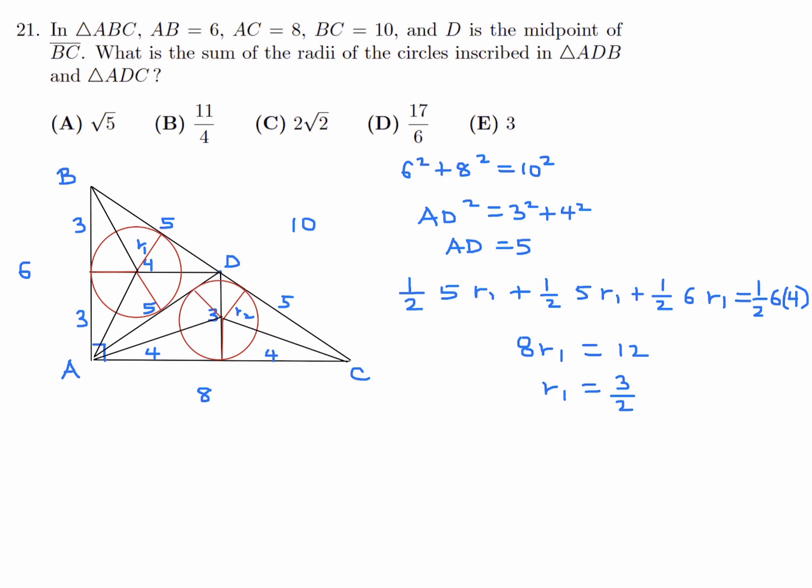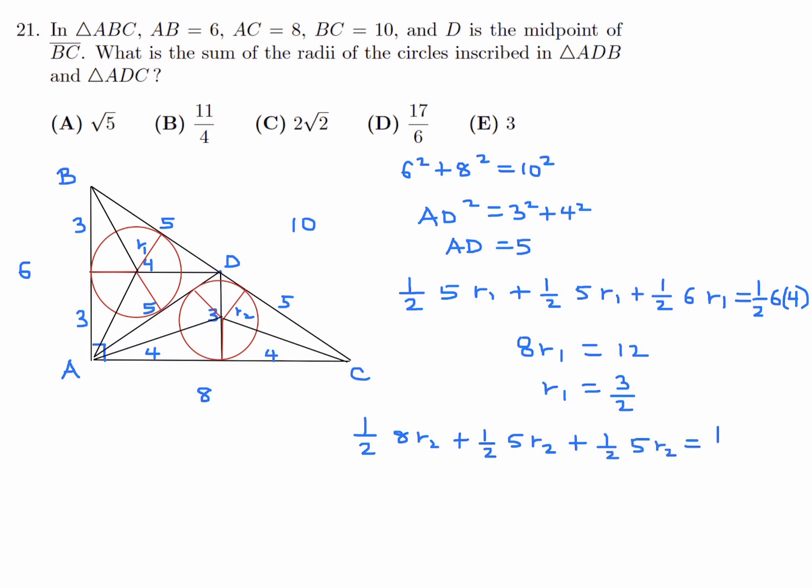All right, got R1. Now in the very same way, I'm going to do R2, 1/2 again. Using this triangle, it will be 1/2 base, which is 8, times R2. Using this triangle, it will be 1/2 base, which is 5, times R2. And this triangle would be 1/2 base, which is 5, times R2.